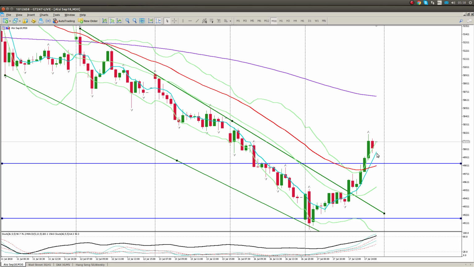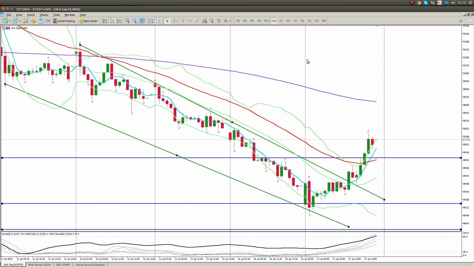You can see how strong this move was from midday. We're staying above the 5 moving average here. So first things first, let's have a look at what happened here.